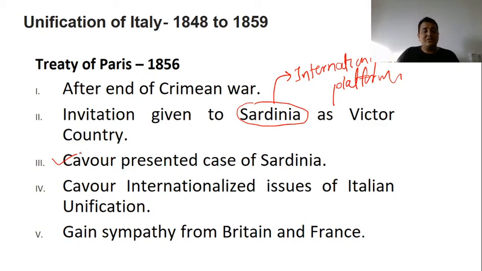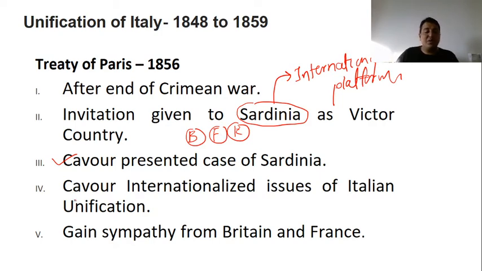When he got the chance to present the case of Sardinia in front of others, in front of Britain, in front of France, in front of Russia, he utilized that opportunity and exposed the Austrian dominance over that area. He exposed the Austrian suppression of the Italian people.